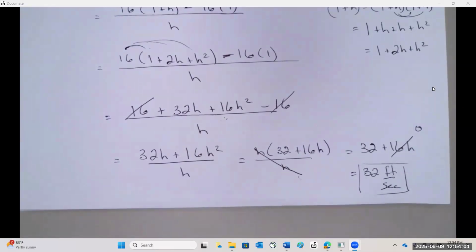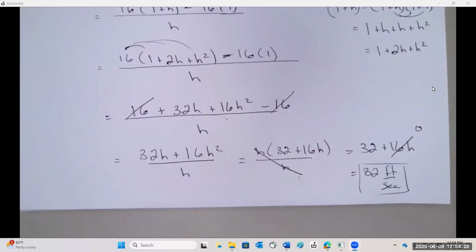So the instantaneous rate of change at the first second mark is 32 feet per second. How did that change from our first one? It didn't. Why? Because it's the speed at the end of that first second. That's what we're looking at.